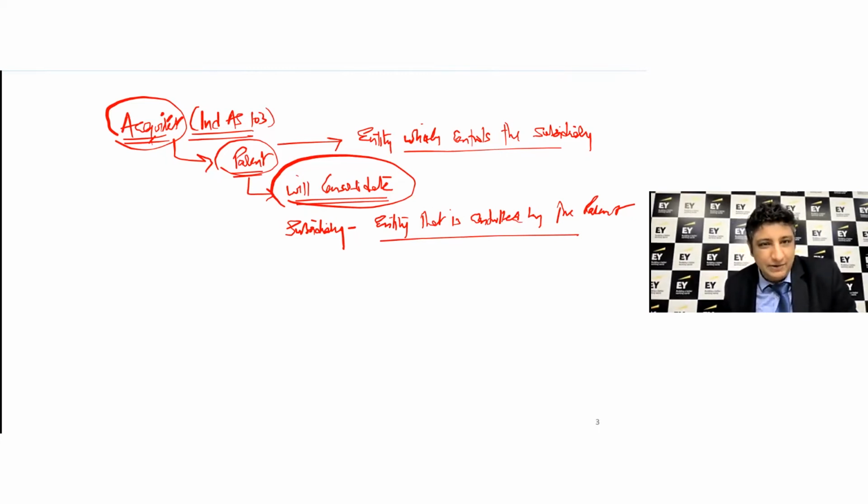So how do we read it now? The entire nexus lies in the word control. Okay, the term that we had been avoiding, or had not been talking about throughout Ind AS 110, while that reference was present. Okay, so we're saying that acquirer is the entity that is the parent, and the parent is the one which controls the subsidiary, right? Our focus will be to understand what is meant by control, because if you control, you consolidate.